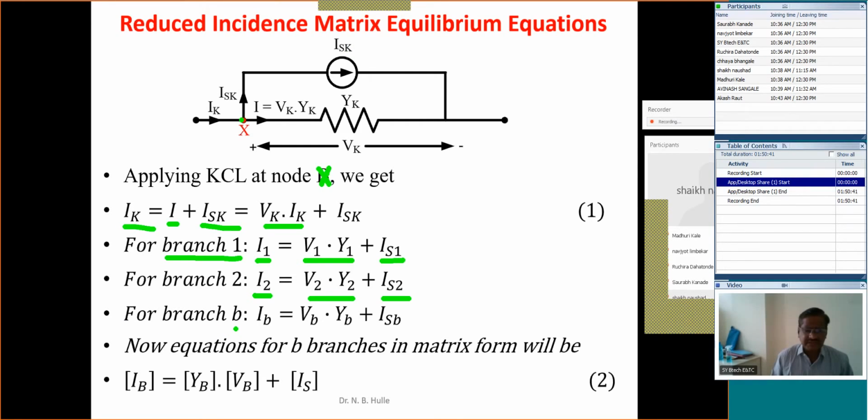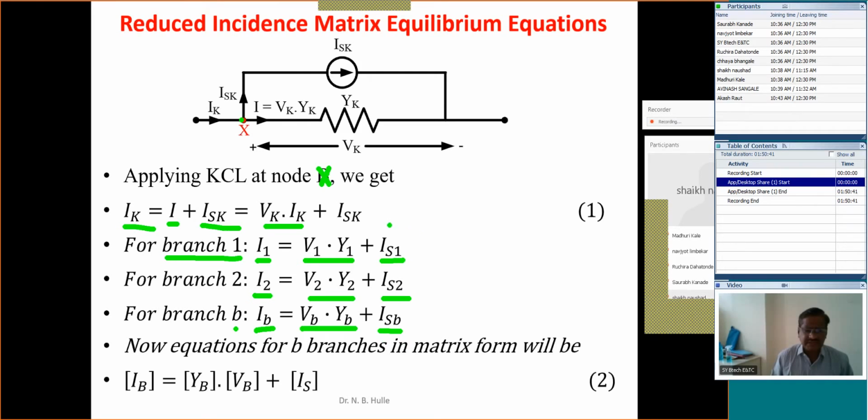For branch B, which may be any number, maybe 5th, maybe 8th, maybe 100, the equation will be IB equal to VB YB plus ISB, where VB YB is nothing but Vk Yk for branch number B, and ISB is nothing but ISK for that branch number B, and we will get this equation.